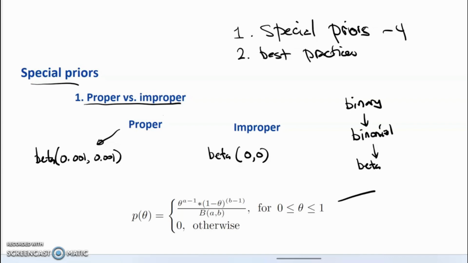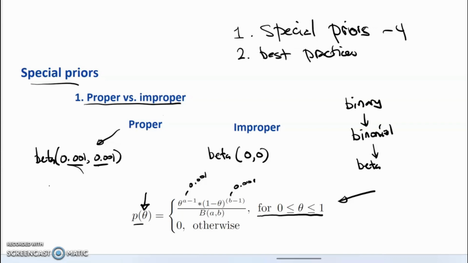Well, there's the formula. We're going to use this formula for the beta distribution to arrive at our prior probability of theta. So if we put in a is equal to 0.001, b is equal to 0.001, and we consider all possible values of theta going from 0 to 1, we integrate that.